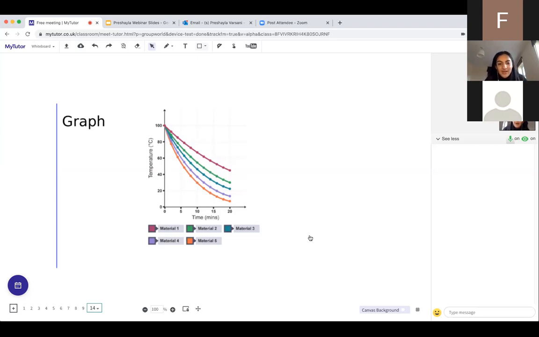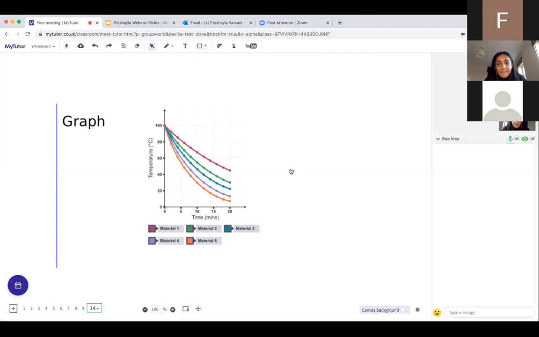So that might be an example of newspaper. Okay, newspaper is a rubbish insulator. It obviously allows heat to get through very, very easily. However, material 1 might be cotton wool. Okay, it's really keeping it nice and warm, and therefore doesn't drop as much in the same amount of time.